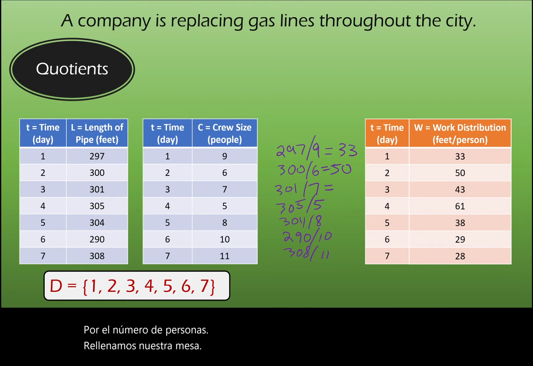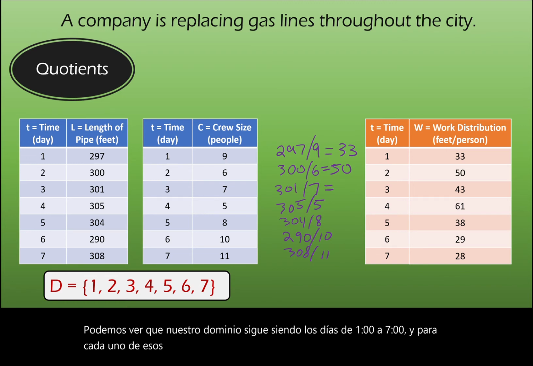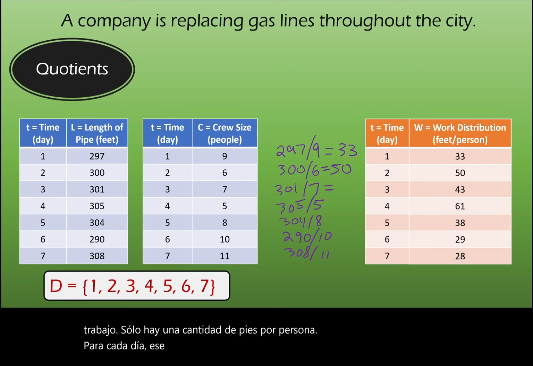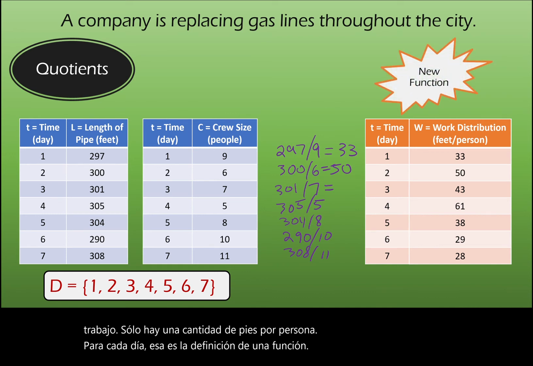We can see that our domain is still the days from 1 to 7, and for each of those days, there's only one work distribution. There's only one amount of feet per person for each day. That's the definition of a function. So we've created a new function using division.